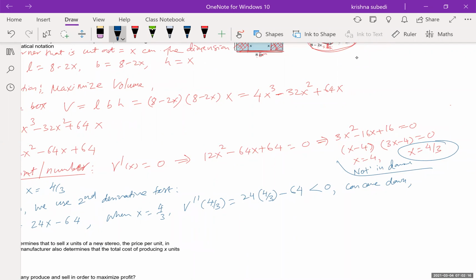So concave down means the shape of the graph is like this. So this means we have a maximum. What we know is that the volume is maximized when x equals 4 over 3.